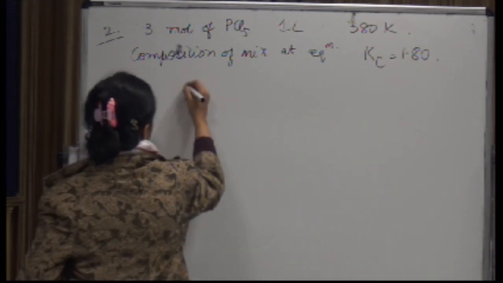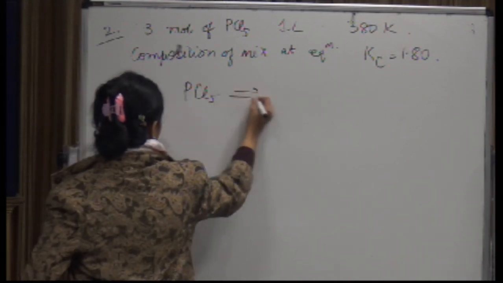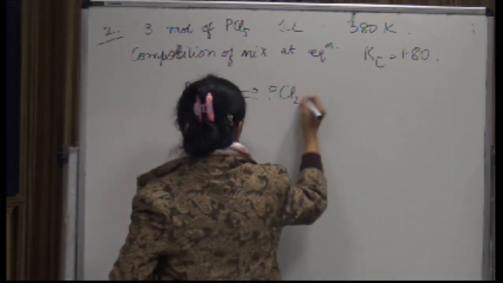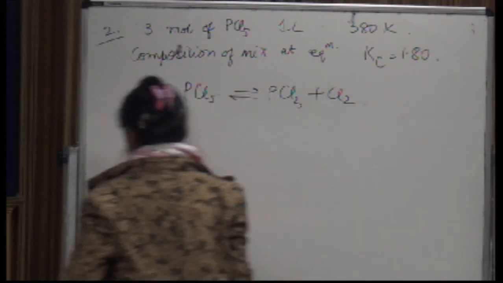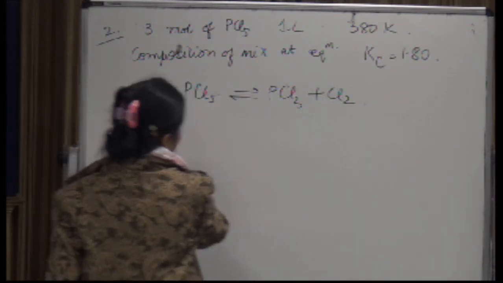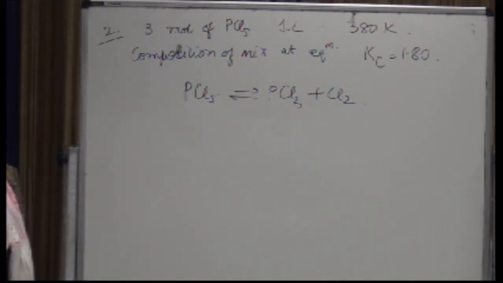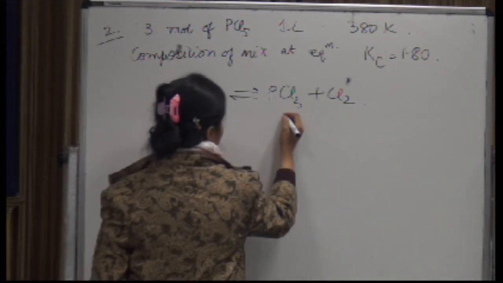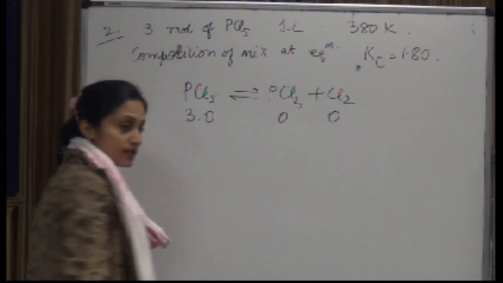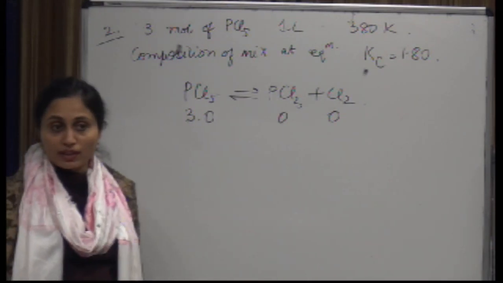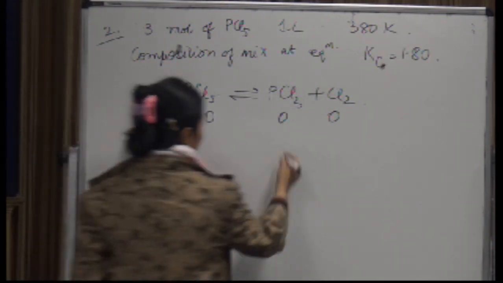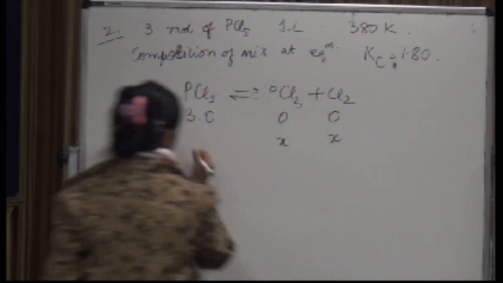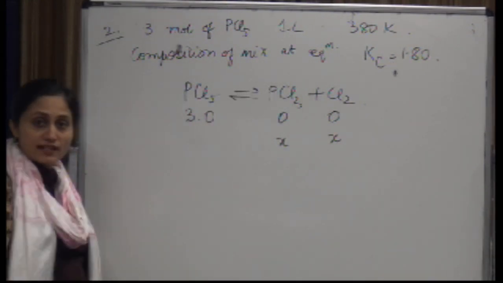So now you have PCl5. What is the reaction? It's giving PCl3 plus Cl2. The initial molar concentration is given to you for PCl5. That's very simple. What is the initial molar concentration? That's 3.0. You have here 0 and 0. So now at equilibrium, say if x moles of this are formed and x of this are formed, then you now know what will be your PCl5.